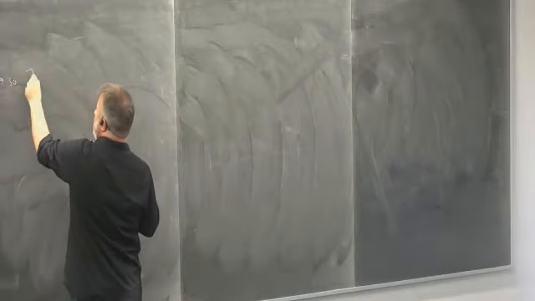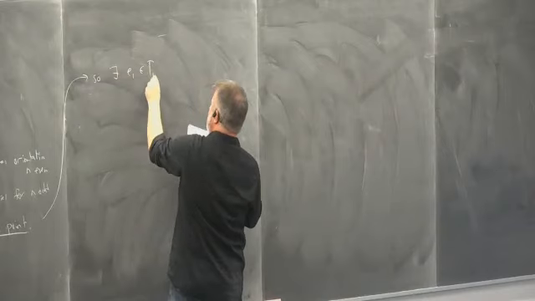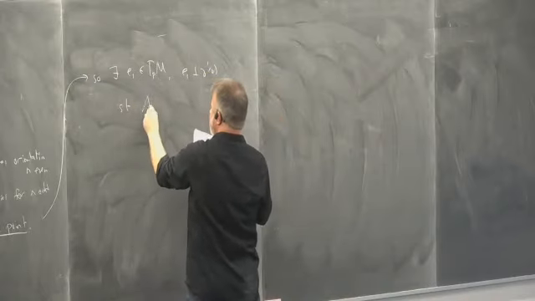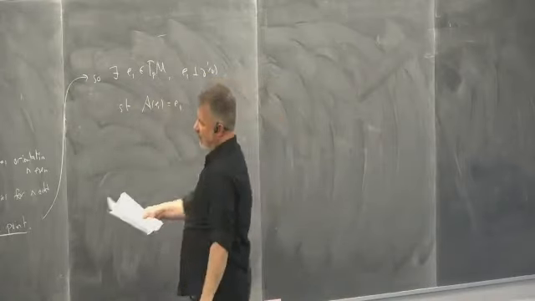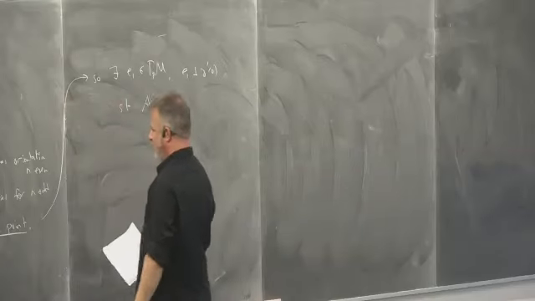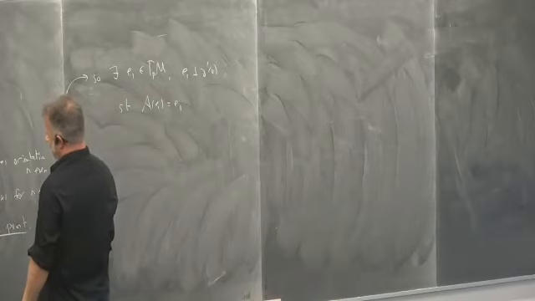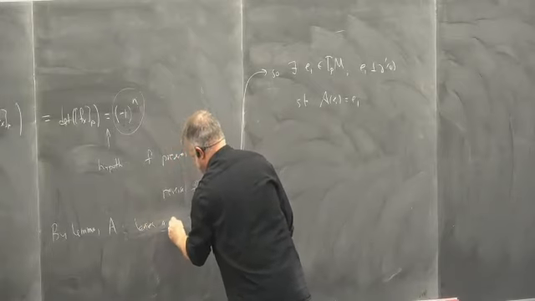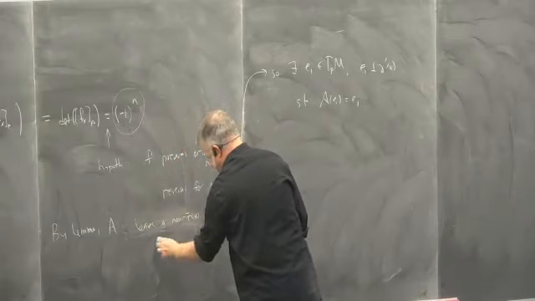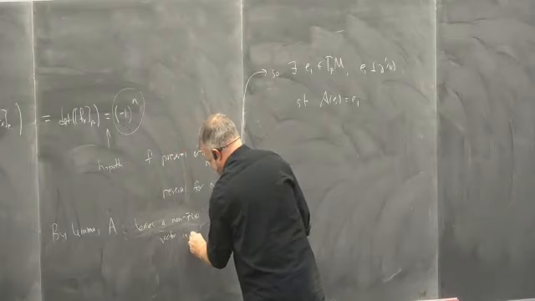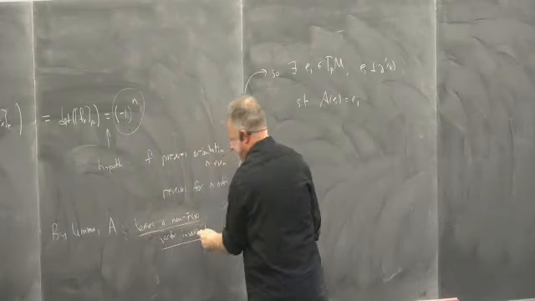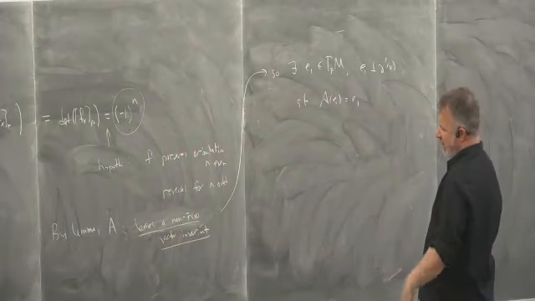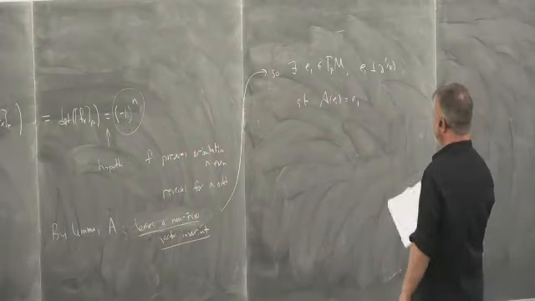So there exists some E1 in T_pM with E1 orthogonal to gamma prime of 0, such that A of E1 equals E1. By the lemma, A leaves a non-zero vector invariant. It's the same thing, but let's write it more precisely, right? Because A is a linear map on a vector space, and we proved that it has an eigenvalue equal to +1. So it has a non-zero vector that it preserves.